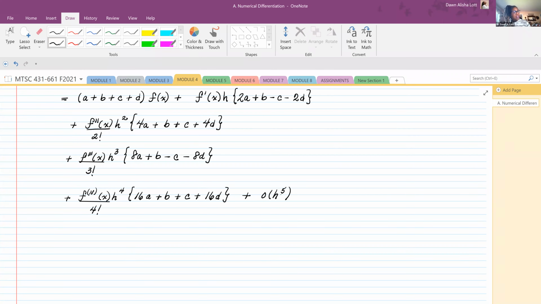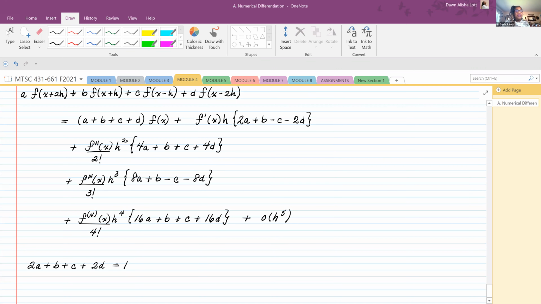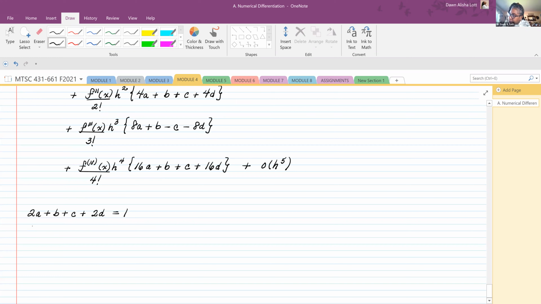Now I know I need the coefficient of the f prime to be 1. So that says that 2A plus B minus C minus 2D has to equal 1. I'm going to make the coefficient of the second derivative 0. So I get 4A plus B plus C plus 4D is equal to 0.